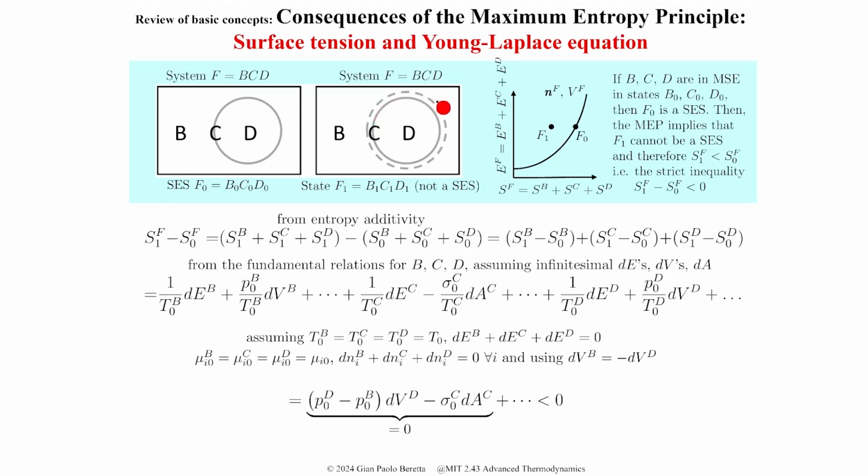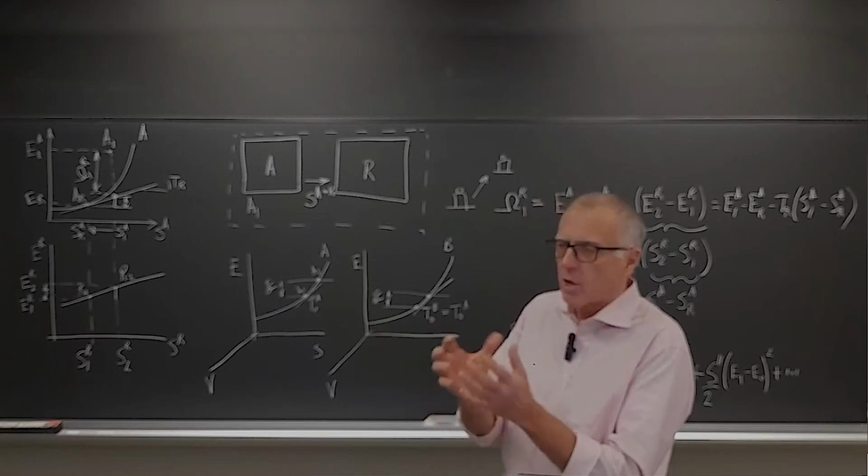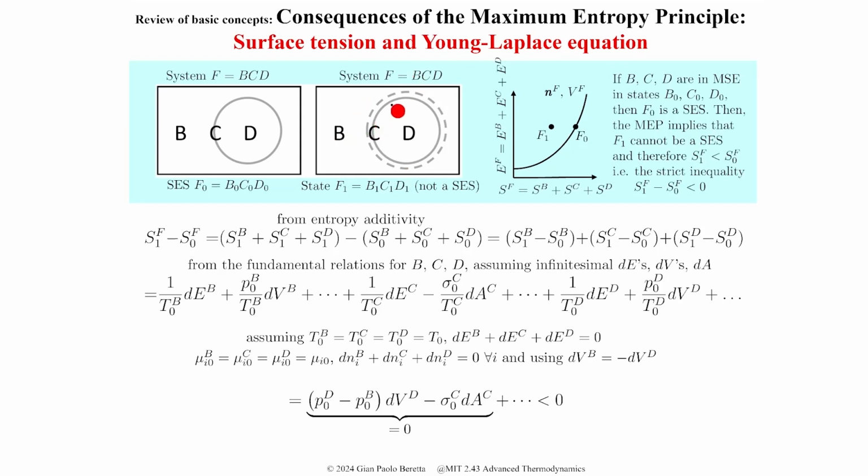And the way we do it is by changing, we do it in a particular way, by perturbing the shape of the original drop. And then we proceed in the same way. We want to prove that this thing is negative.